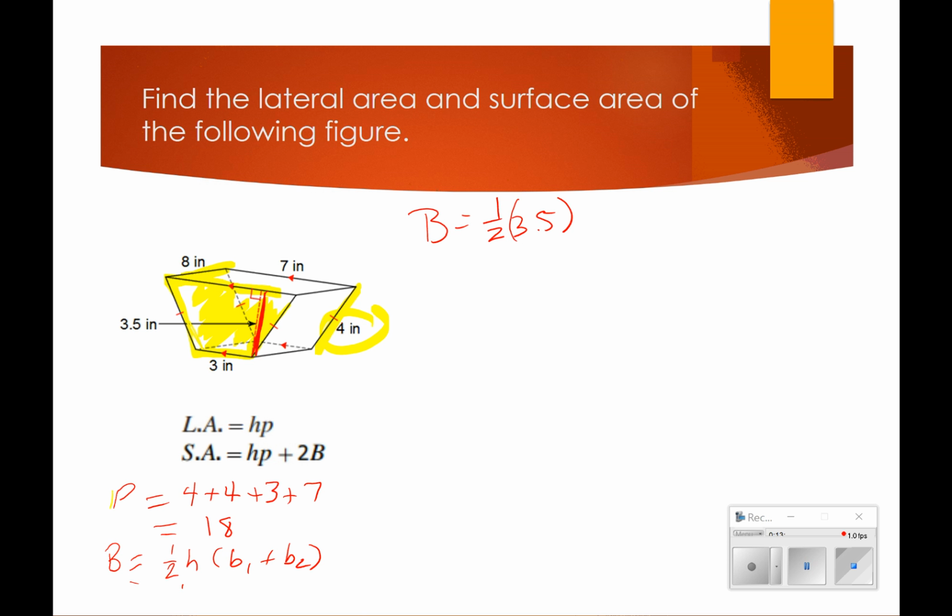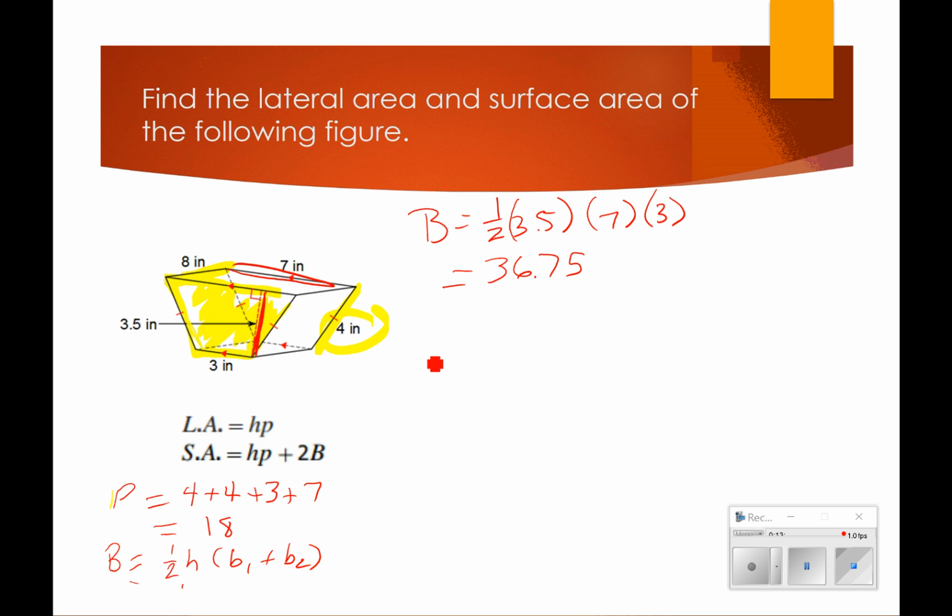And then one of my bases is 7, and the other is 3. Okay, if I multiply all that together, it's going to give me 36 and 75/100 for the area of the base.